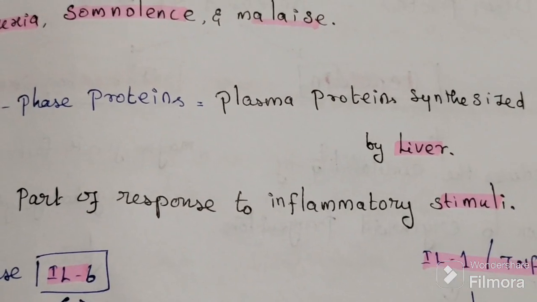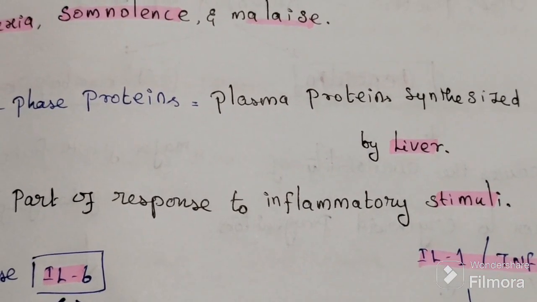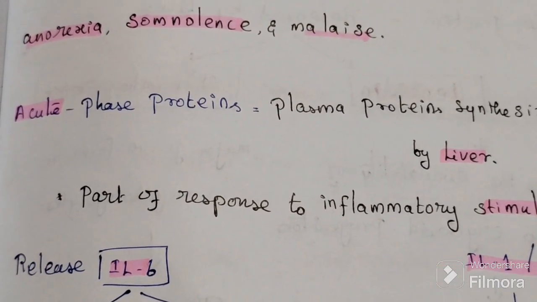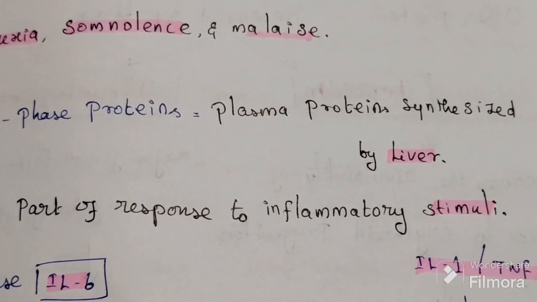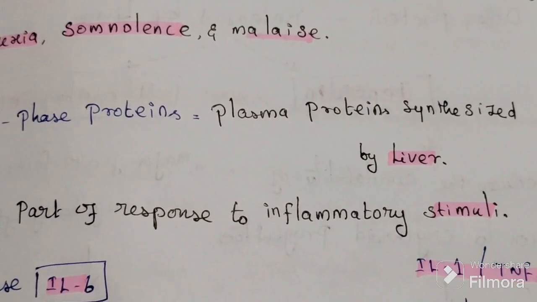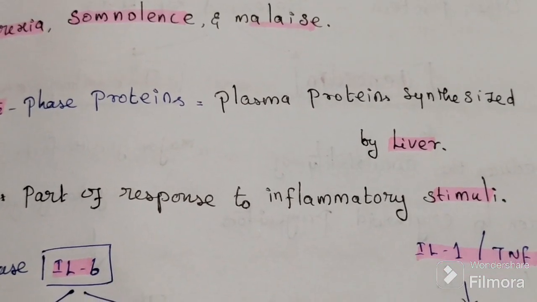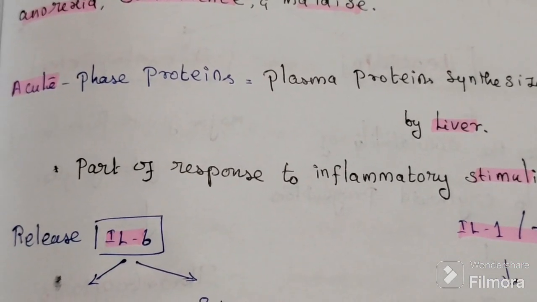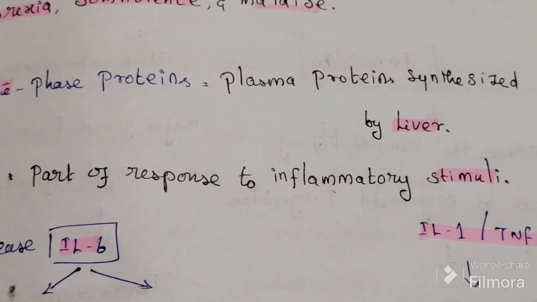Acute phase proteins are plasma proteins synthesized by the liver as part of the response to these inflammatory stimuli.